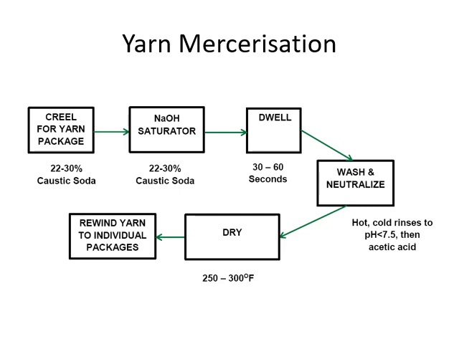After that the hanks are dried and again rewound on packages, and those packages are taken for knitting afterwards. So this is a general process sequence for yarn mercerization.